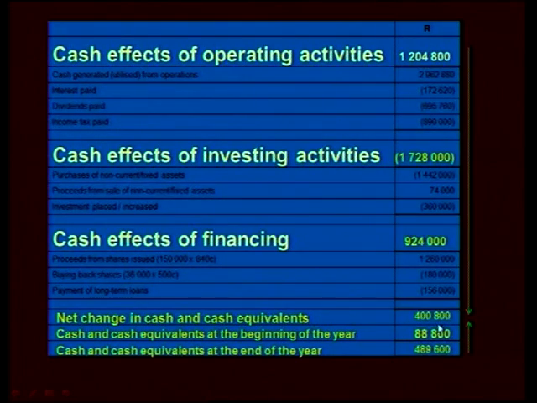And after doing all of that analysis, you found out that you can actually explain to the shareholders where it was that the cash went. Why is it that little cash tank went from 88,800 to 489,600. Grade 12, on a good day, this is a lot to understand.